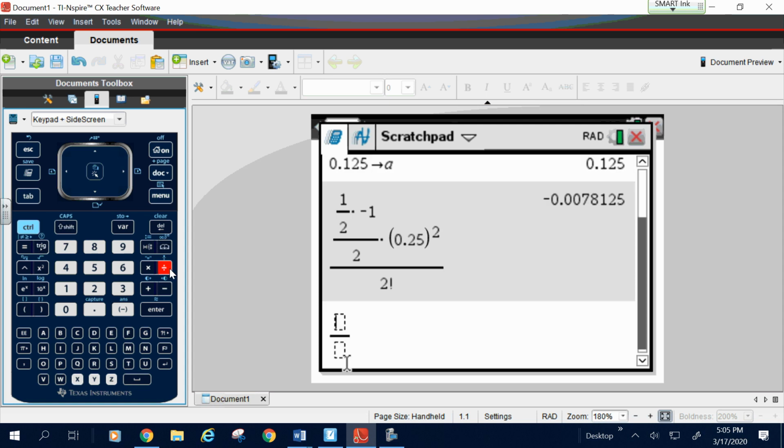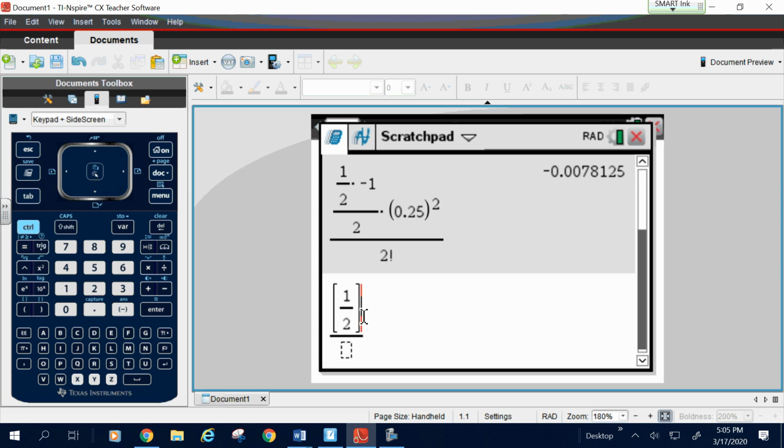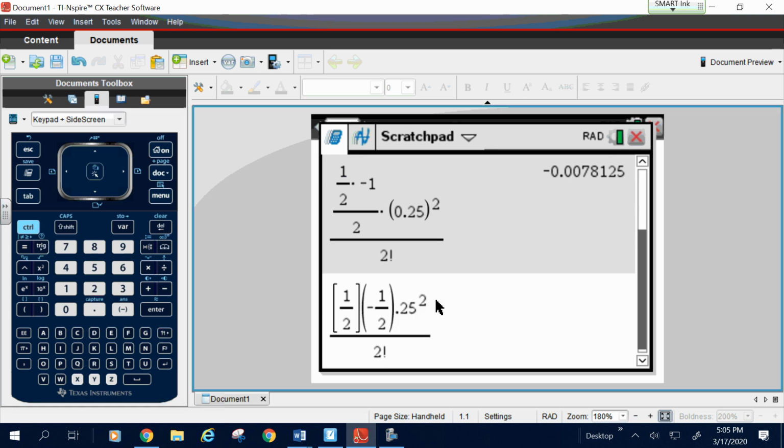So what I'm going to do is create a big old fraction, and then create another big old fraction: 1 over 2, negative 1 over 2, sorry, 0.25 squared over 2 factorial.